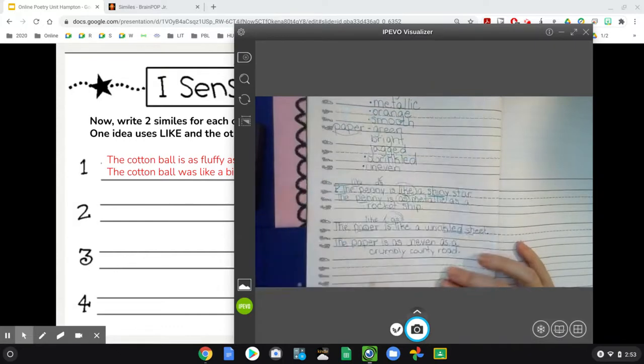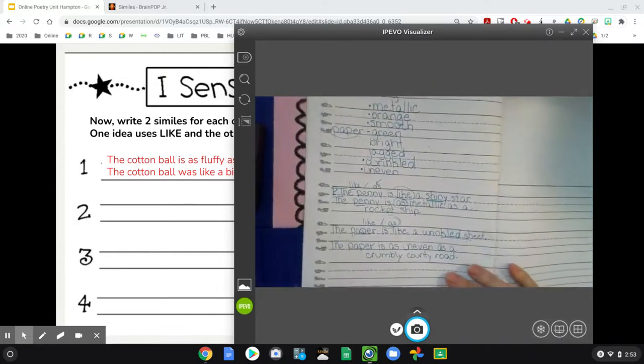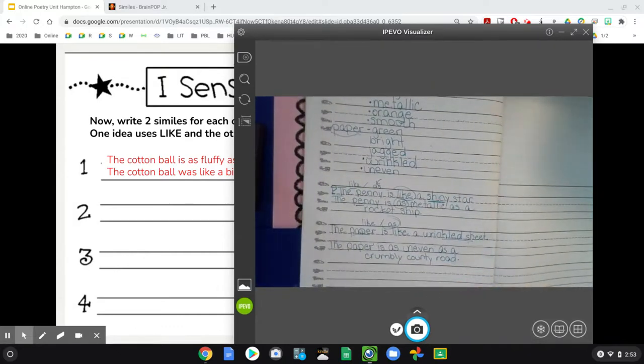And when I'm picturing a crumbly county road, a lot of times the county roads get less care and there's less money for them. So a lot of times they're kind of bumpy and they have a lot of cracks and things in them. So I'm using that to paint a picture in my reader's head that this paper that I have is an uneven, crumbly county road. Okay, it's an uneven surface.